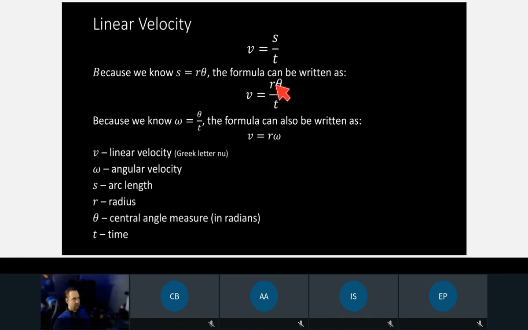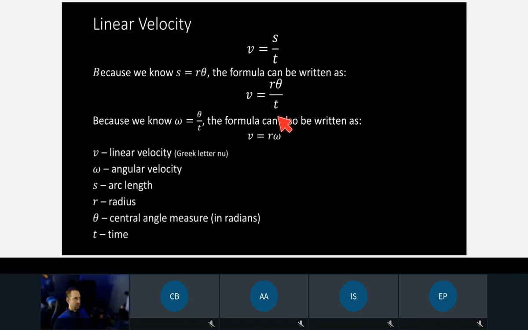And then we also know from the previous few pages that your angular velocity is equal to theta over time. So I can replace the angle and the time here. We replace theta divided by t with omega.